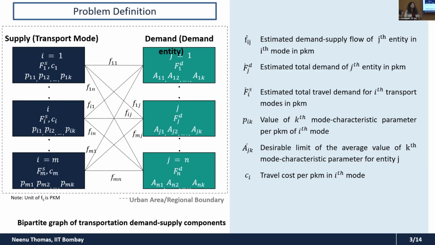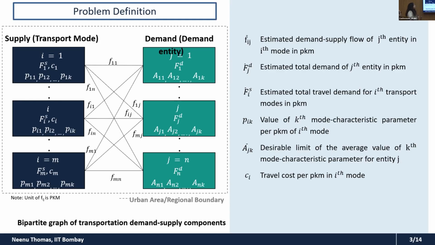Let's say how much distance we can travel, how much time it might take to travel a distance, or whether that transport mode has last mile connectivity, or how is the crowding in that particular transport. So basically there are different characteristics specific to the transport modes, and there are some characteristics specific to demand.